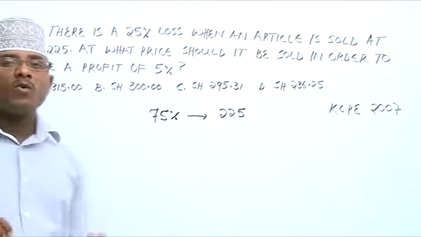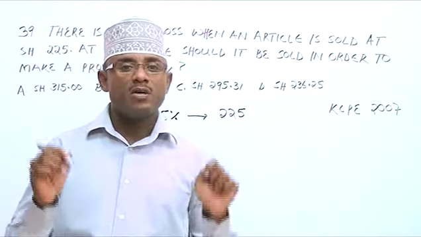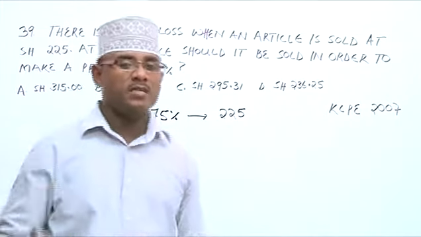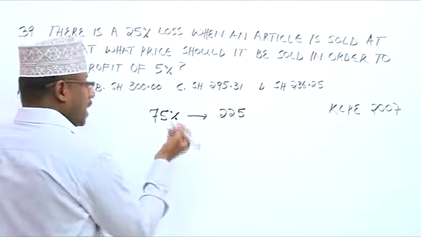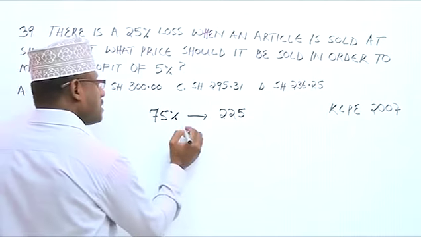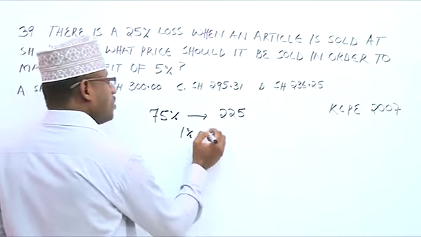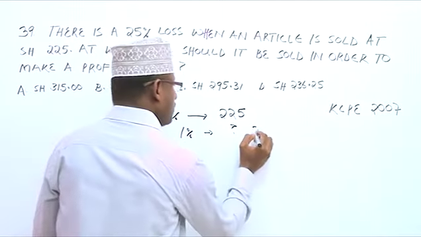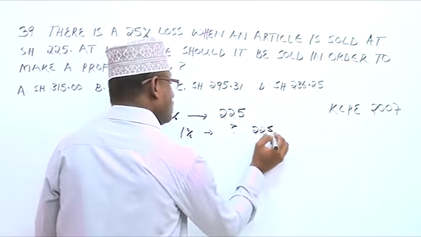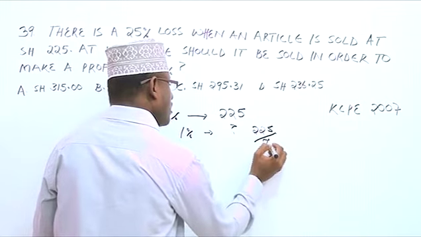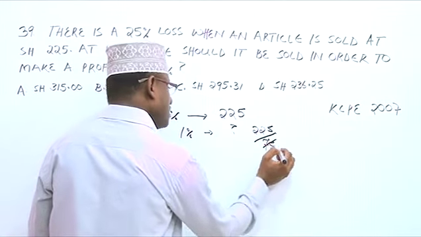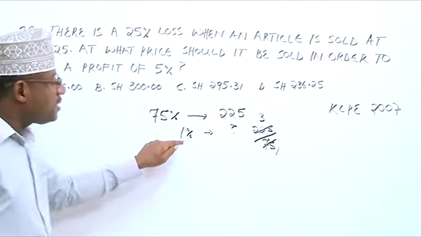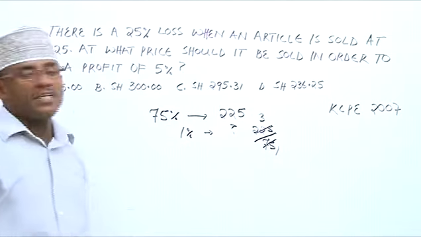Now let's get the actual price: at how much was the item bought, or what was the buying price of the item? So it will be 100%. But now let's get what is 1%. So it will be 225 divided by 75. Okay, 75 goes into 225 3 times. So 1% is 3 shillings.